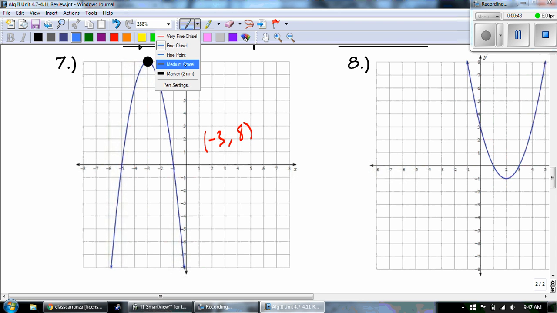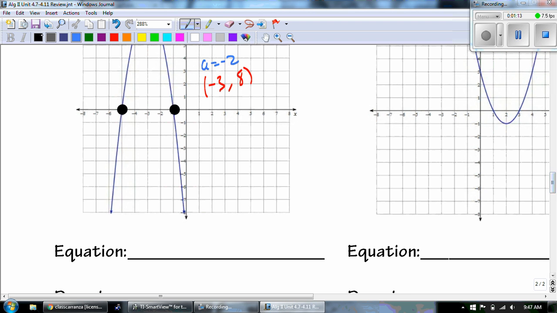Now the other thing that we need to do is figure out the pattern. It's either down 1 over 1, which I don't see, but I do see down 2 over 1, and then it's down 8 over 2. So that pattern is a -2 pattern. With that information, I can create my equation.